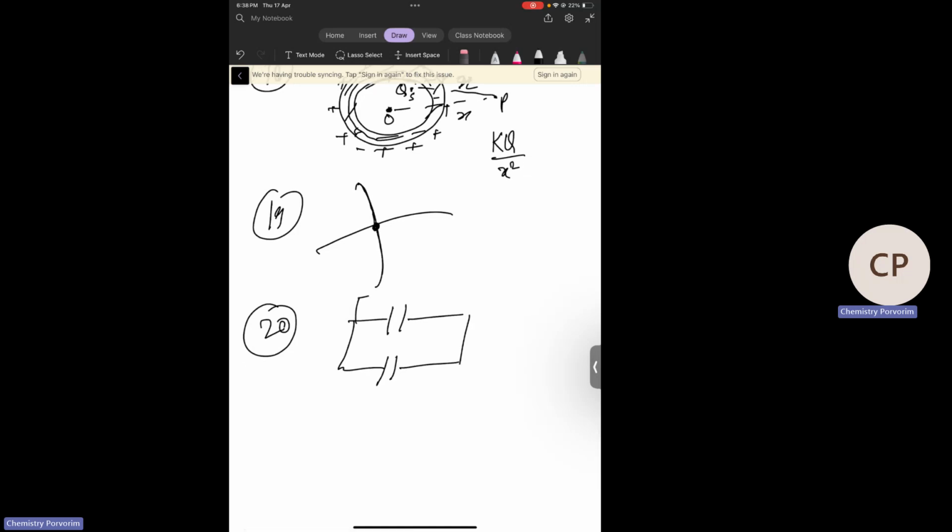Initially, when it is connected to the battery, charge on this capacitor becomes Q is equal to CV. C is 0.3, V is 10. So 3 coulomb.